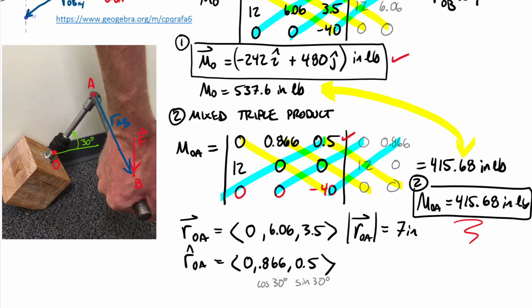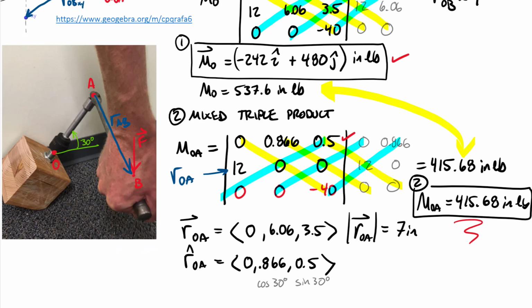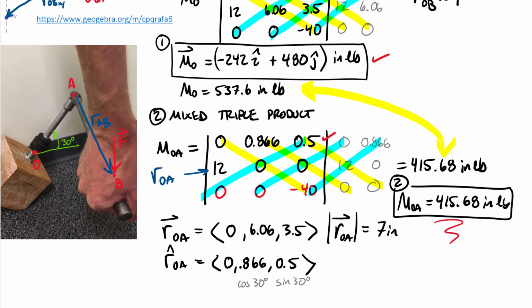Noting that in this version, instead of line OB, I chose this R to be R OA. I picked that just because it was a simpler vector. It had more zeros, and it's still going between the line of interest and the line of action of that force. When we computed this numeric determinant, we were left with a value of 415.68.